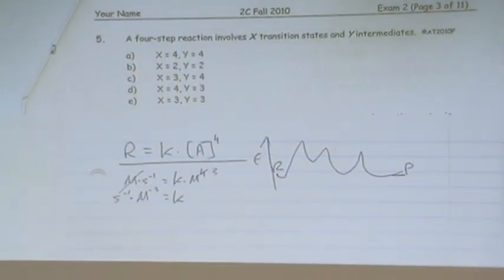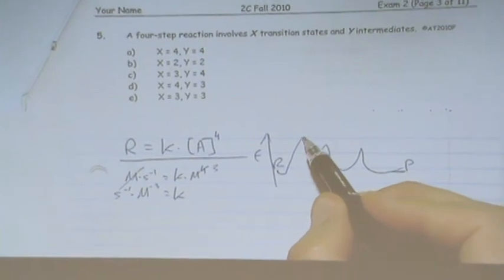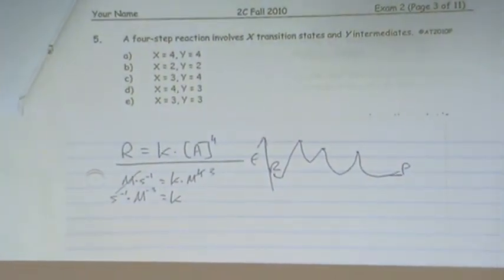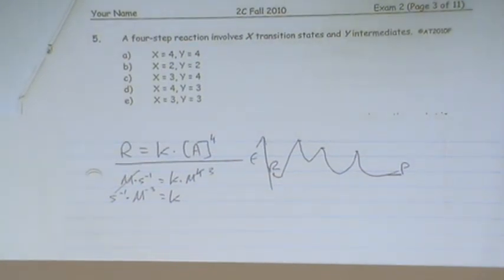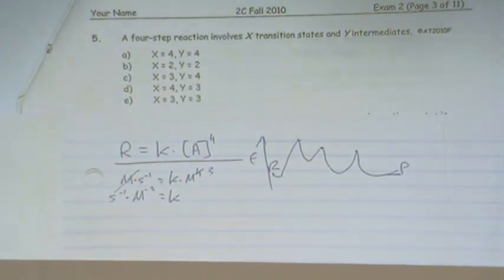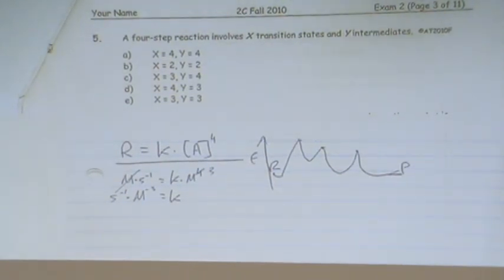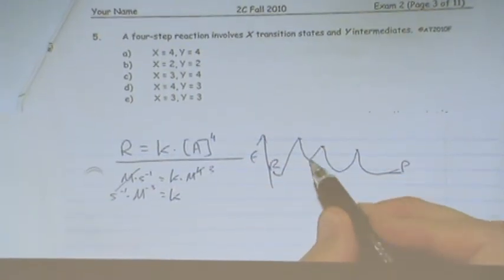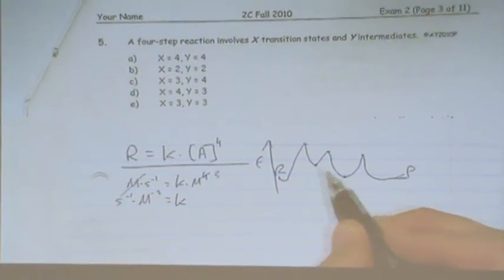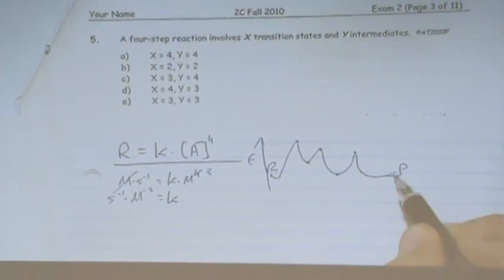If you have 3 steps, then you always have 3 transition states, the higher energy of the peaks. So the number of steps is always equal to the number of transition states and the number of activation energies, but the number of intermediates is always x minus 1, if x is the number of steps. Intermediate here is this one, the low energy. The reactant and the product are there.